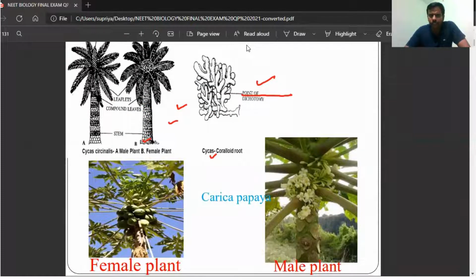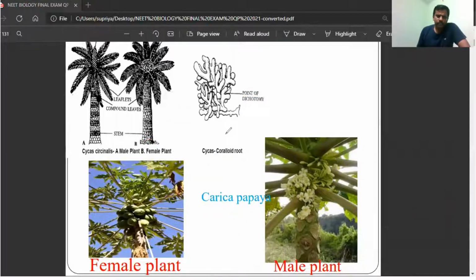Now see students here. This is Cycas circinalis, which belongs to the gymnosperms. Separately there are 2 different plants. One is the male plant. The male plant bears only male reproductive structures and the female plant bears only female reproductive structures.